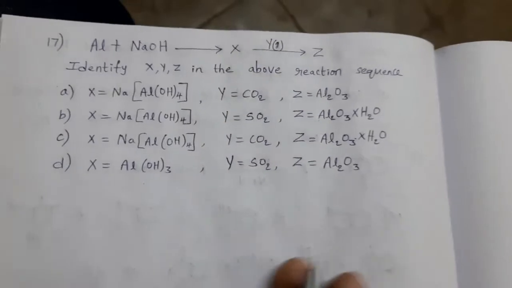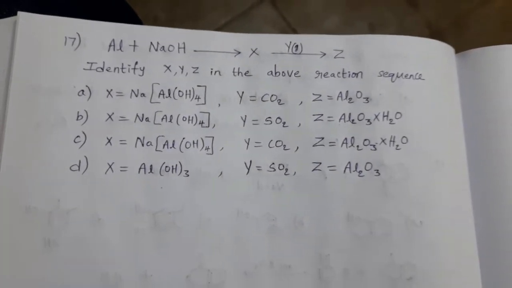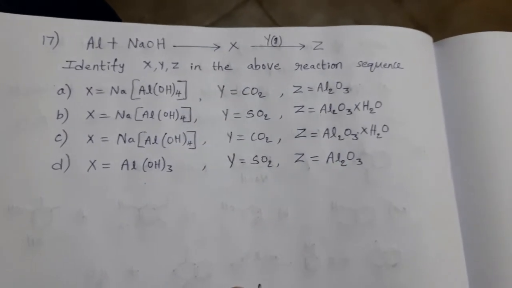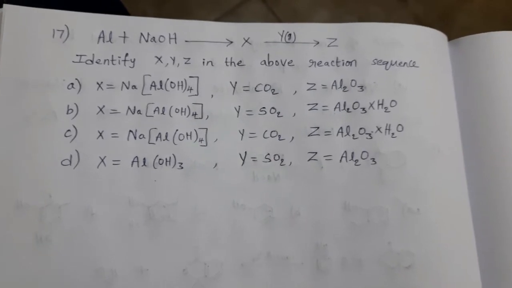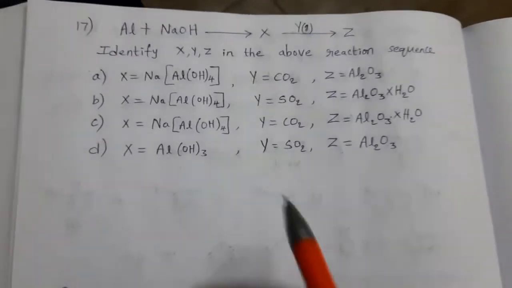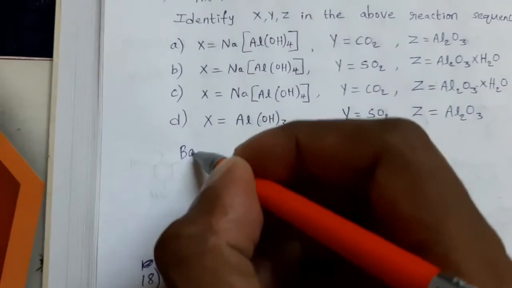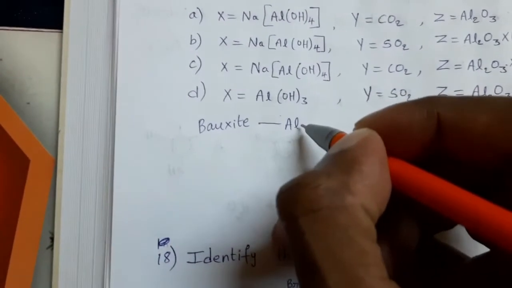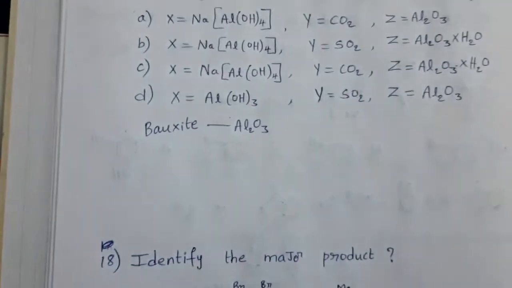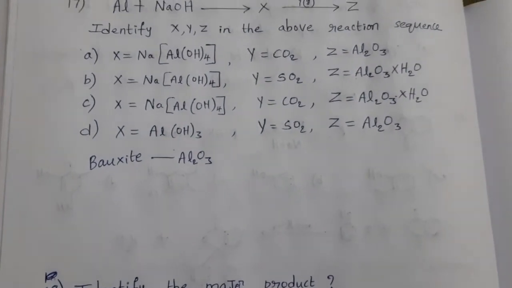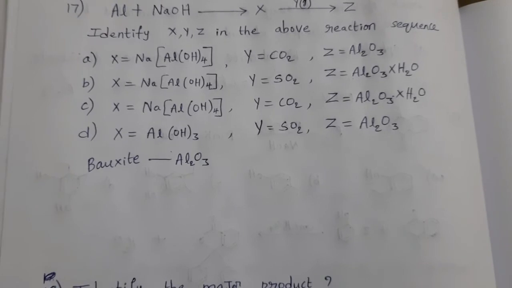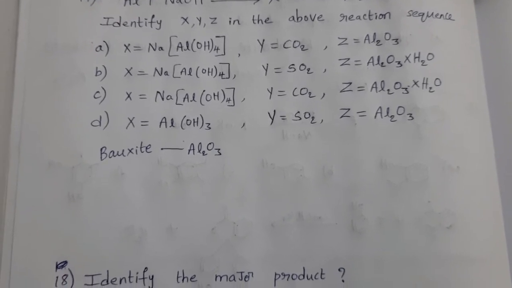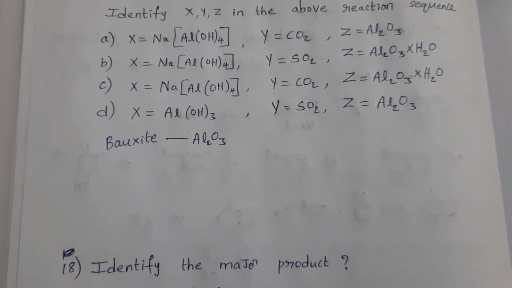This question is related to leaching of bauxite. Bauxite is an ore of aluminium. When this bauxite is treated with concentrated NaOH solution, then we get sodium aluminate.